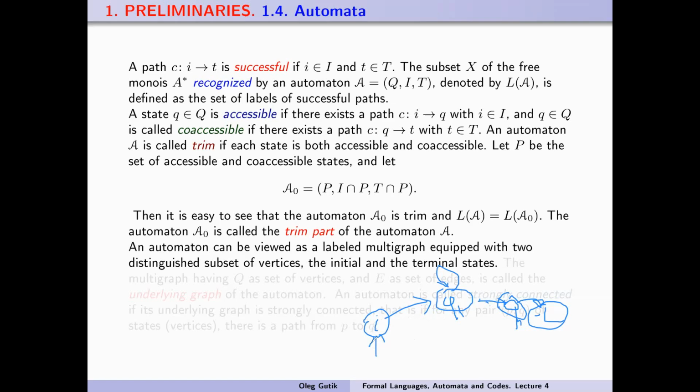This multigraph consists of two types of special vertices: maybe initial states here, I1, and maybe other terminal states, T1, and maybe an arrow from T1 to T.